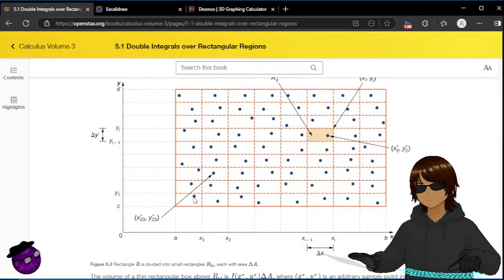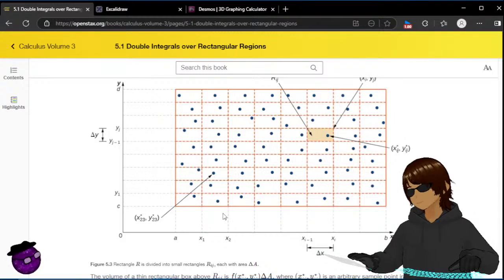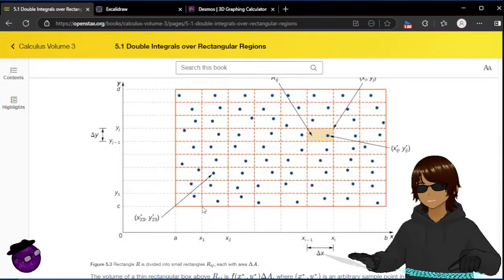So we have 0, 0, wait, we have 1. Hold on. So this here is 1. If this is 1, then this entire region is x1*. This is 2.